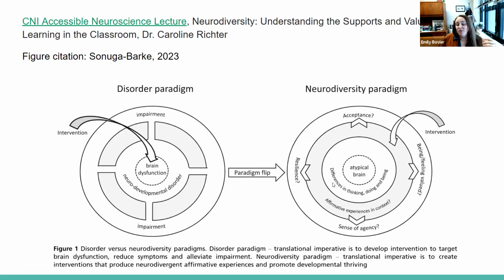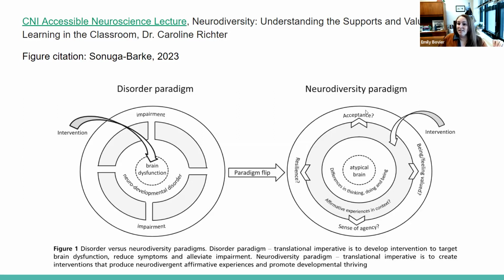So the idea here is that there are just differences. It's not abnormal, it's just a difference in how we think, how we do, how we are. And the intervention should be targeting not necessarily changing those behaviors, but thinking about how we can affirm the experiences of neurodiverse individuals depending on the context.